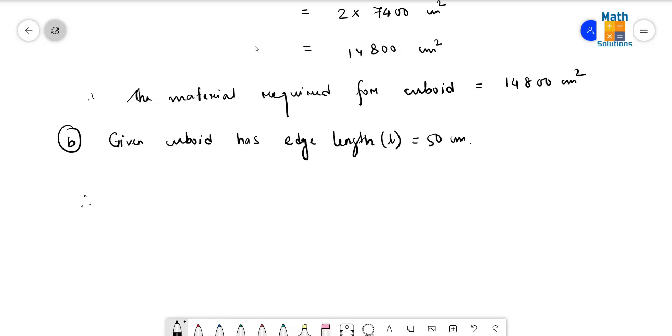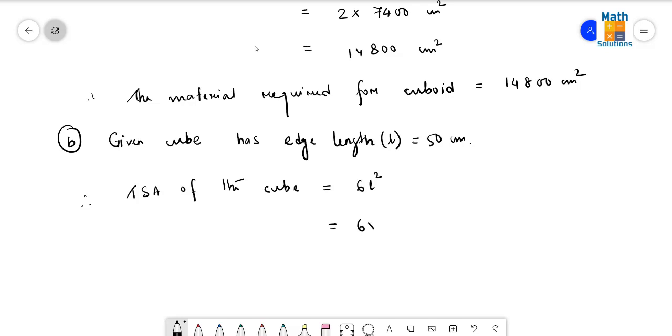Therefore, total surface area of the cube, I'm sorry, here it should be cube actually, not cuboid. Since all the edges are equal, here we have to consider a cube. Therefore, total surface area of the cube is equal to 6L square. So what can we write here?